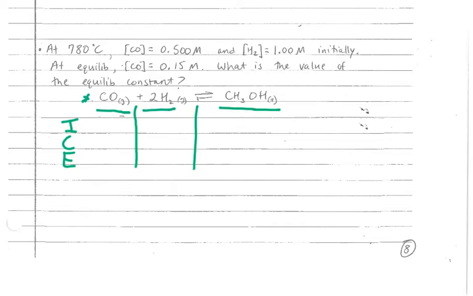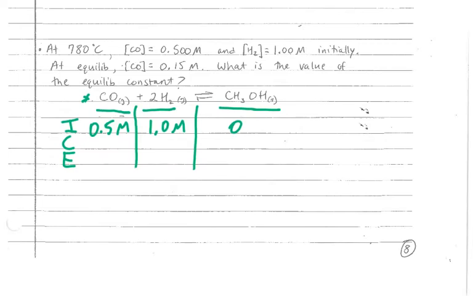Okay, so initially it says that we have 0.5 molar of carbon monoxide. I'm just abbreviating my sig figs because of space here. And for the H2, we have 1.00 molar. We're not given a value of methanol, so we can assume that we don't have any of that initially.